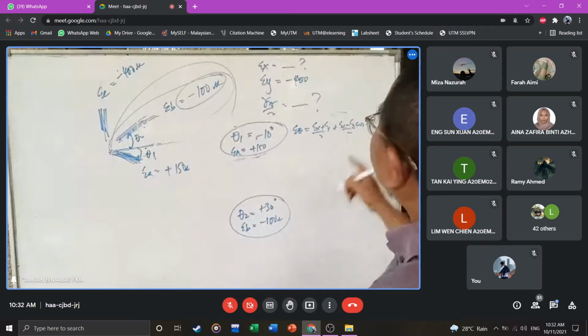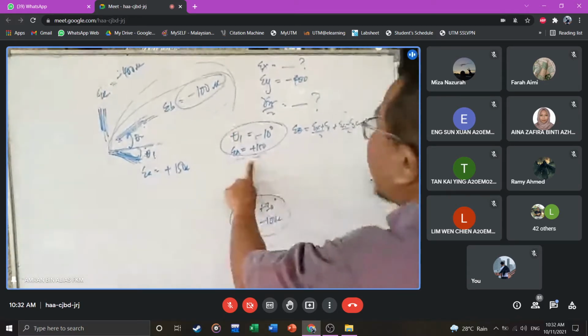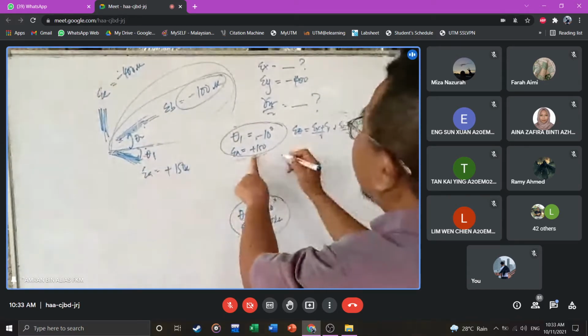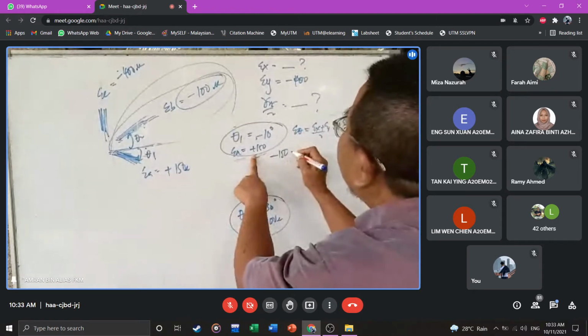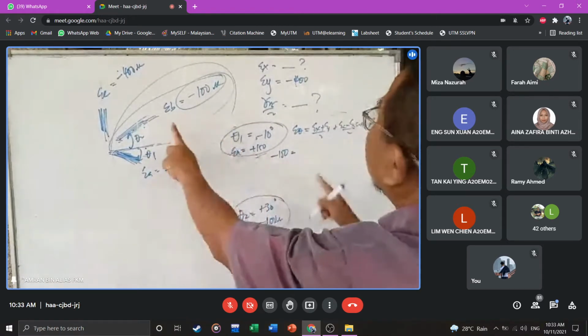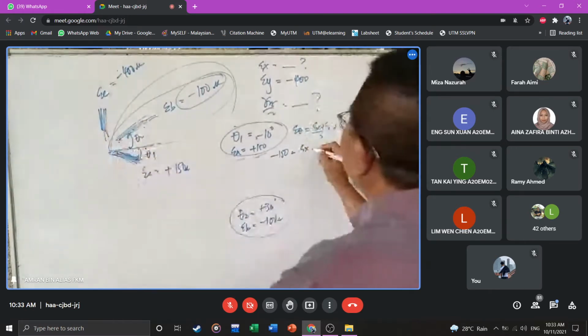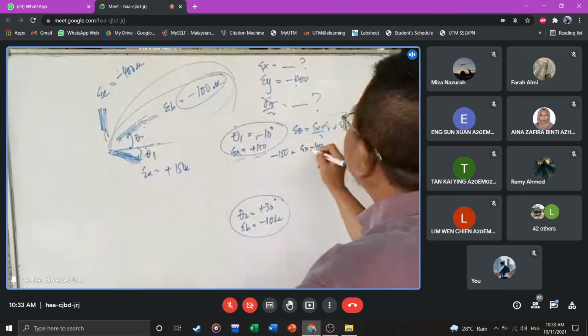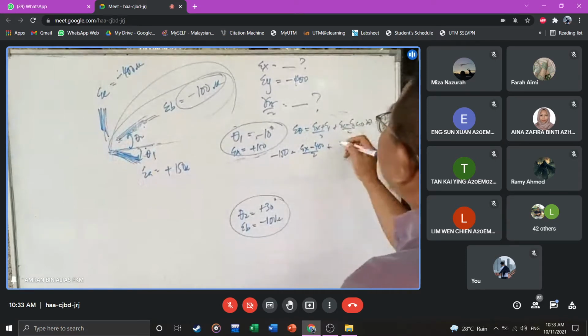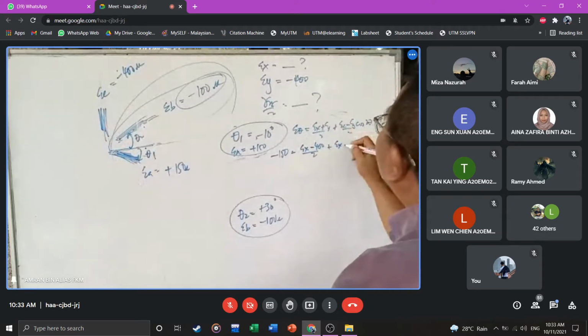Okay, that equation, write it back. Write the value there. Minus 150 is equal to Ex, I don't know; Ey, I know, minus 400 over 2, plus Ex, I don't know, plus 400 over 2.